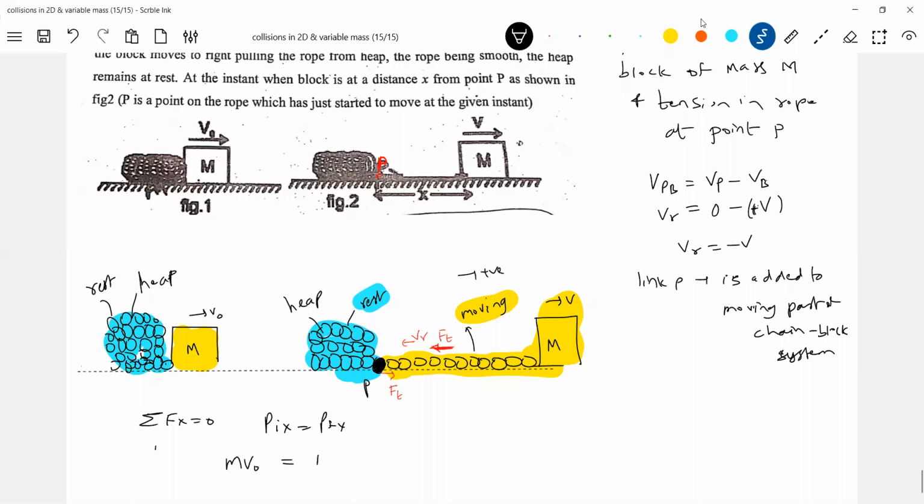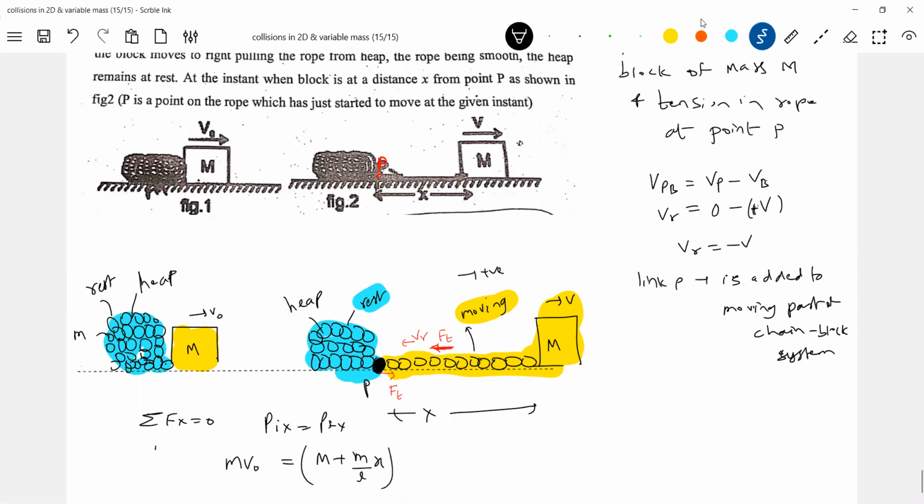Initial momentum is M V naught. Final momentum is M plus the mass of the part of chain. What is the length of the part of chain? X. Let lambda be the mass per unit length, lambda X, or what is lambda, not defined, no? M by L X. So the block has mass M, and some X length is there.